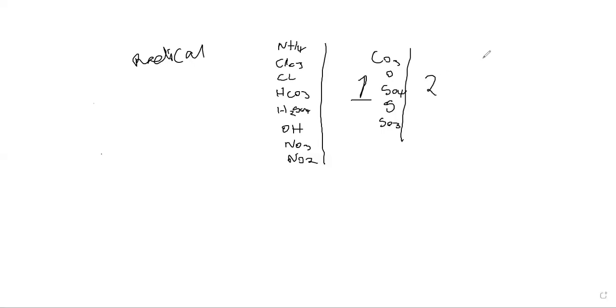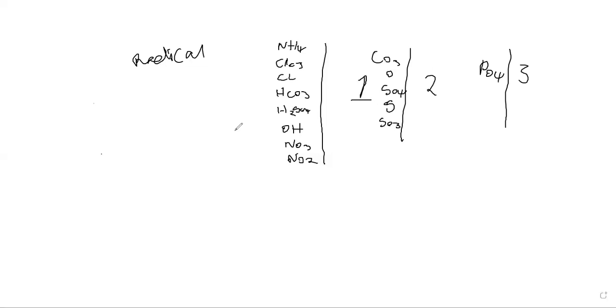Then those with valence of 3, we just have phosphate. Phosphate has a valence of 3. So these are radicals.